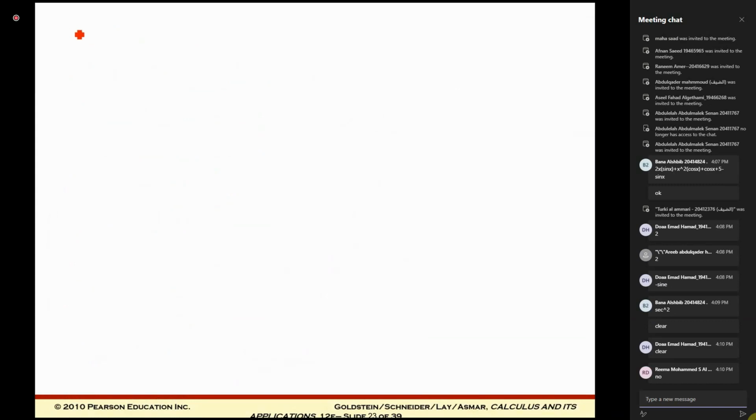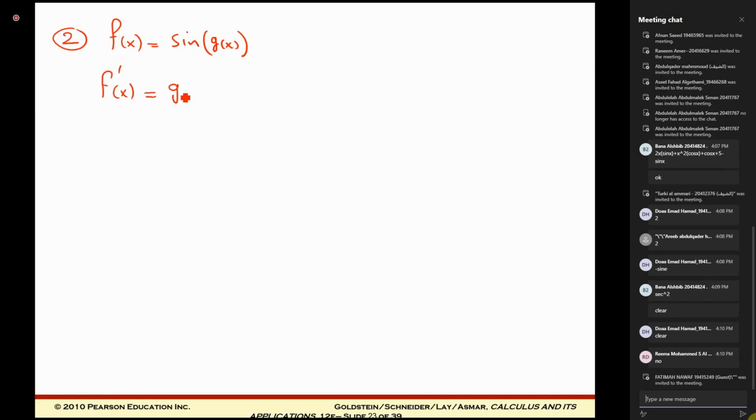Okay, the second rules. If we have f of x equals sine and inside the sine a function g of x, the first derivative equals g prime, the derivative of the angle, multiplied by the derivative of sine, which equals cosine g of x.